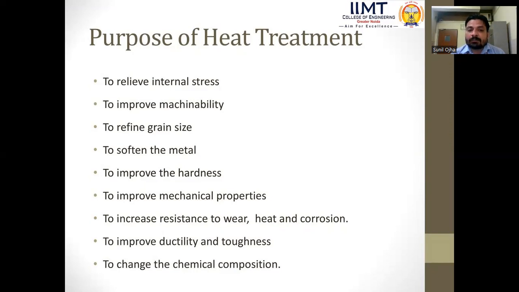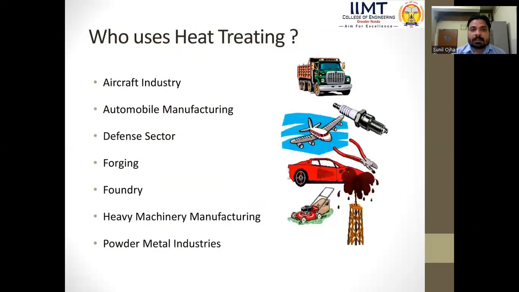We can also increase resistance to heating and corrosion, improve ductility and toughness, and change the chemical composition of the material. All these are the purposes and objectives of the heat treatment process.